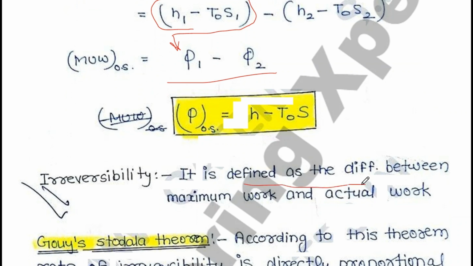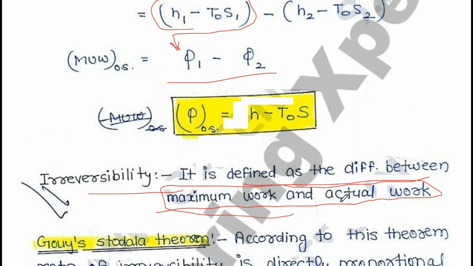Irreversibility is defined as the difference between the maximum work and the actual work. So whenever there's irreversibility, the work output or the useful work that we get is always lesser than the maximum useful work. This difference is represented by the irreversibility.